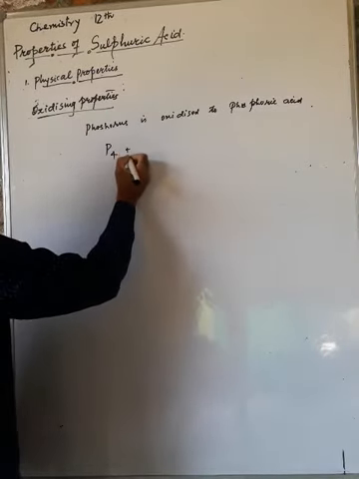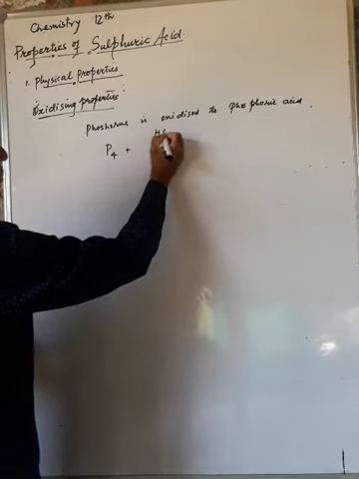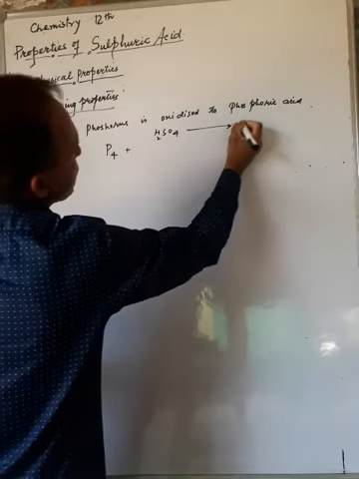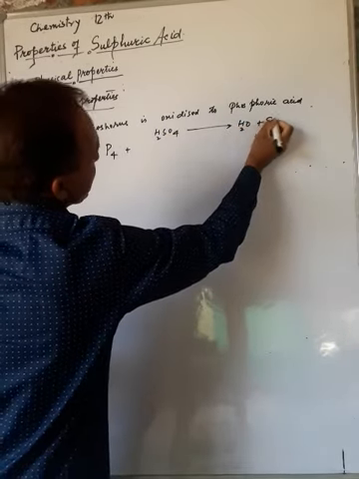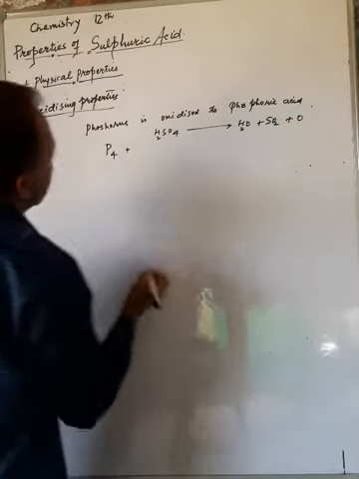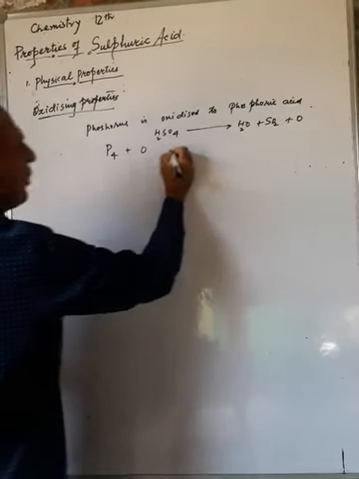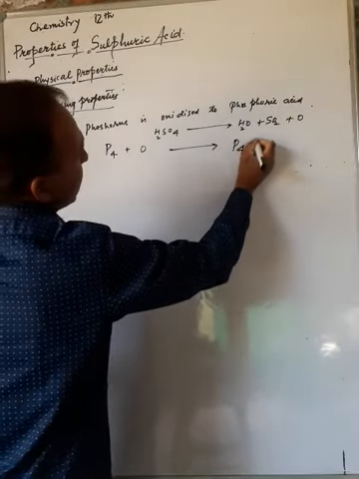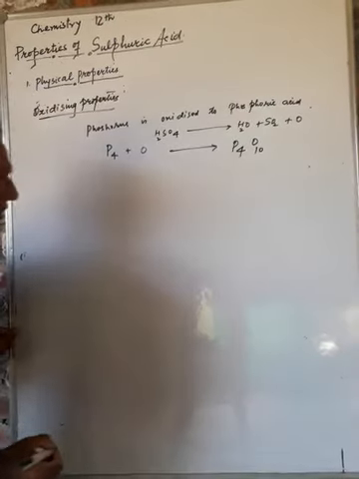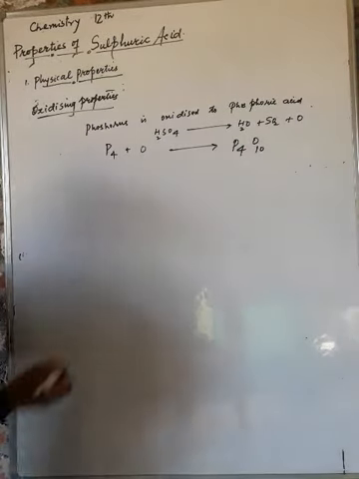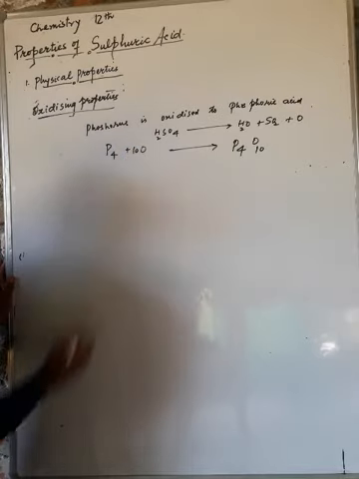First we have H2SO4. On decomposition in the solution, it forms H2O plus SO2 plus O. P4 plus O gives P4O10, that is phosphorus pentoxide, the dimer of phosphorus pentoxide. This is 10 times oxygen.